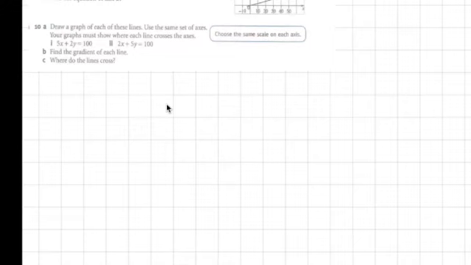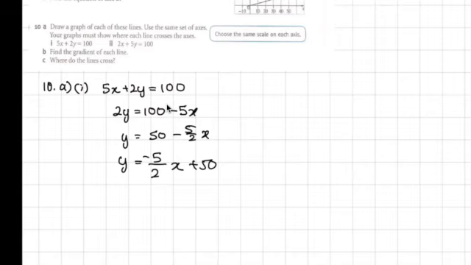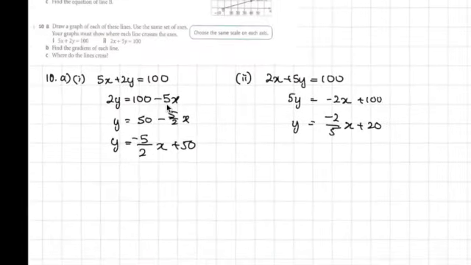Let's try to do it. 10, A, 1. 2x plus 5y equals 100. Right. This should be okay.